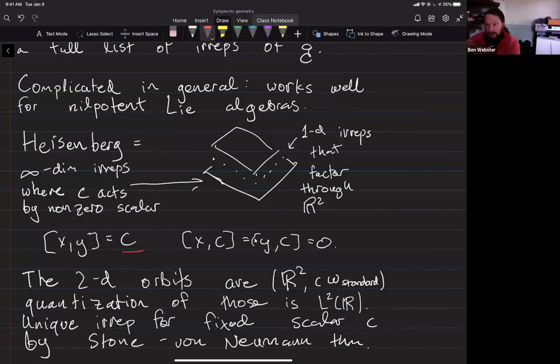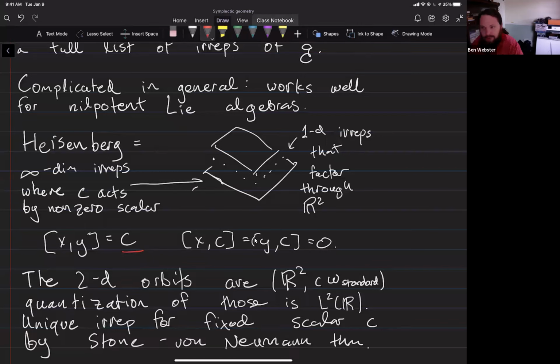On the plane where it's 0, every individual point is its own coadjoint orbit. The coadjoint action is trivial. And when C is non-zero, I get a full plane's worth of translates. The Heisenberg acts transitively on all non-zero levels of C.